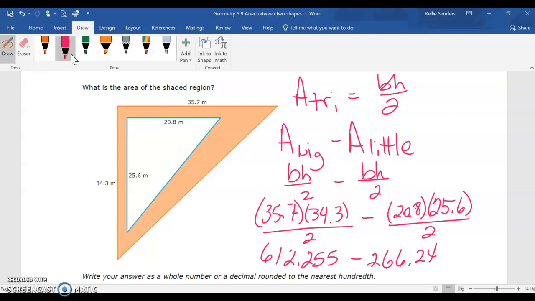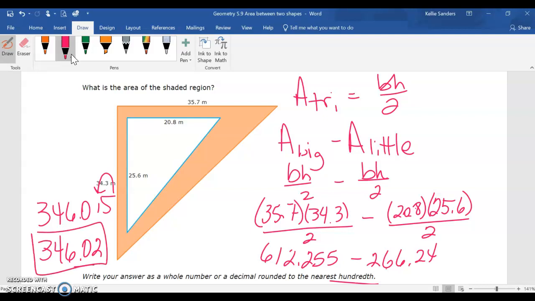Yeah, that's right. Okay, so subtract those, and you get 346.015. If we're rounding to the nearest hundredth, then that 5 is going to change that 1. So 346.02.